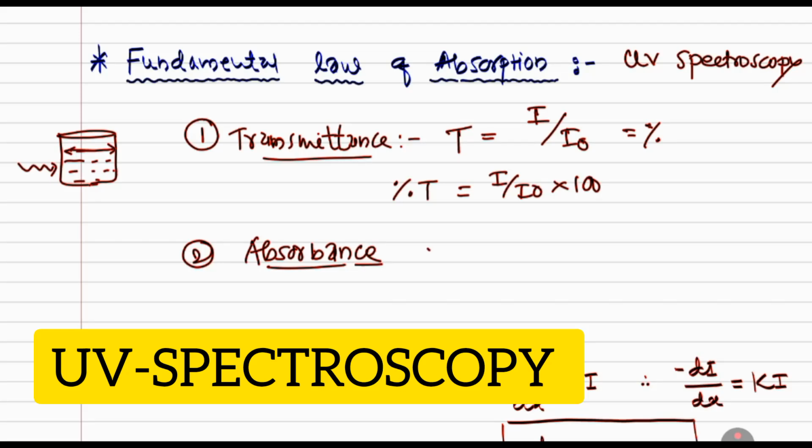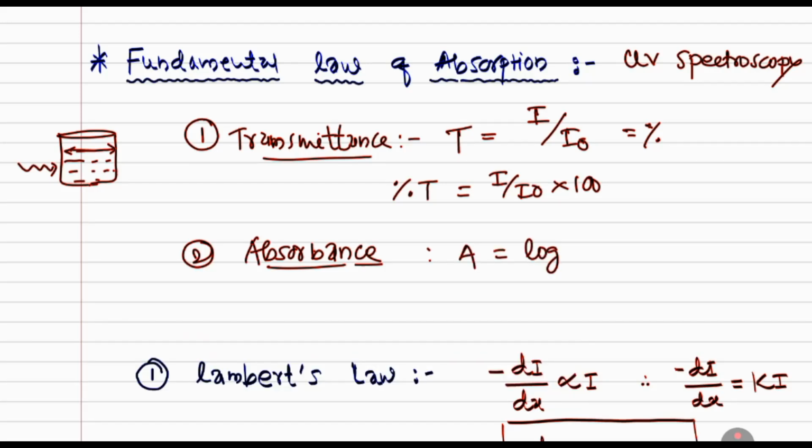It is denoted by A, and that is nothing but log of 1 by T. You can also take the negative log of the transmittance. So A is equal to minus log of T, and you know that T is equal to I by I0.